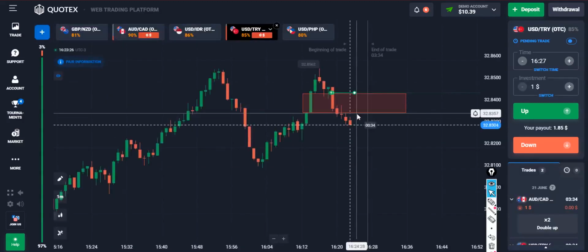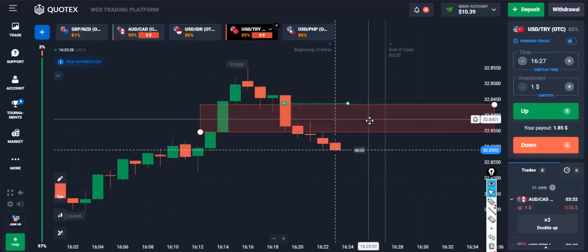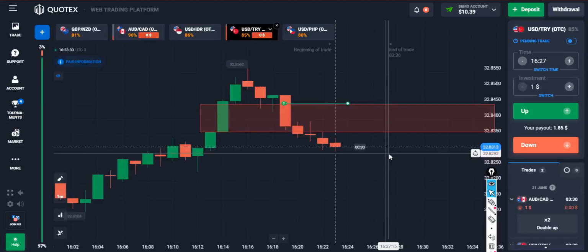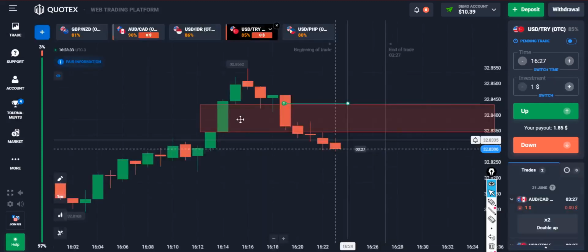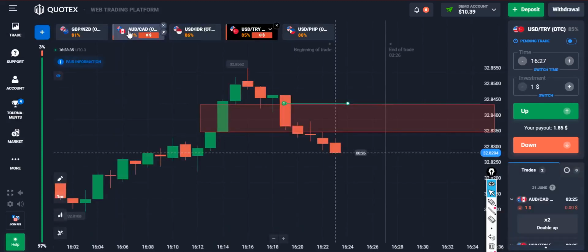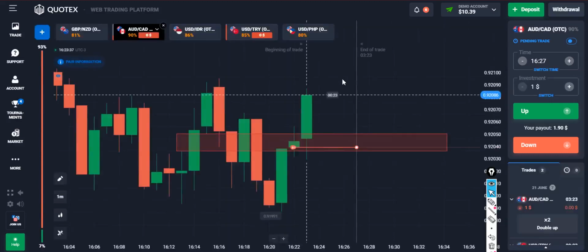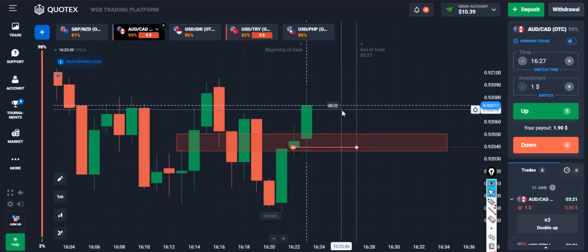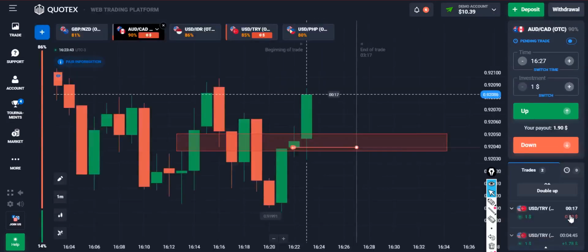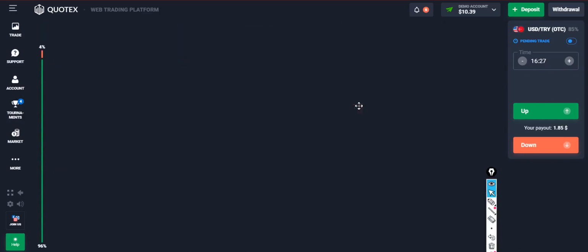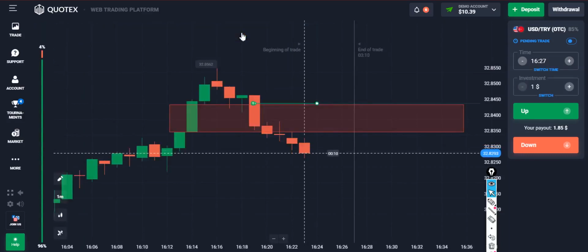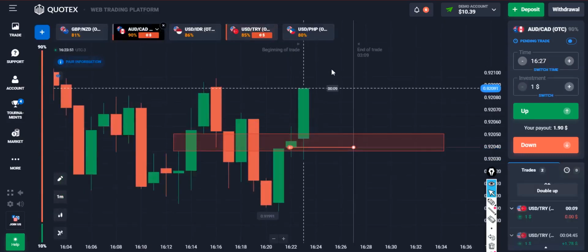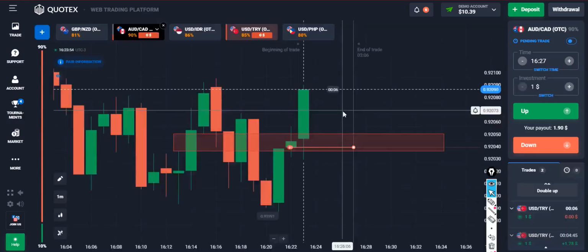So the market seems to have changed the trend. So this would be our last two trades. Let's see, I think I'm gonna lose this one and I'm gonna lose this one as well.